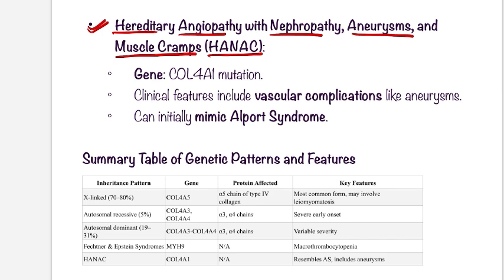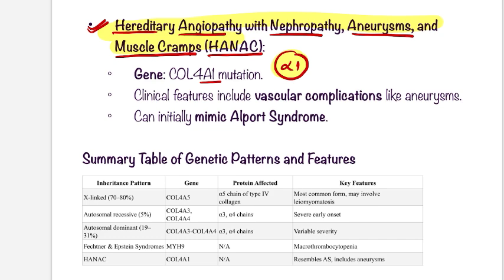Because this name is very long, give it preference. The gene is a COL4A1 mutation, the alpha 1 chain. It has vascular complications, as the name suggests: hereditary angiopathy with nephropathy, aneurysm and muscle cramps.